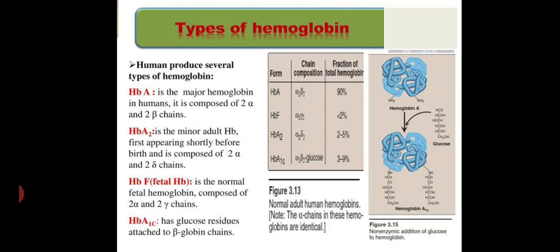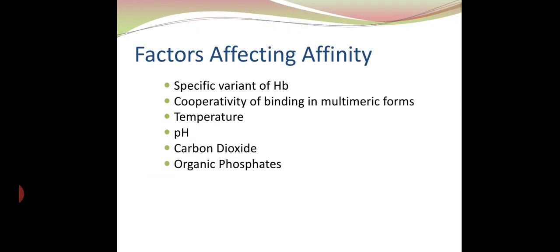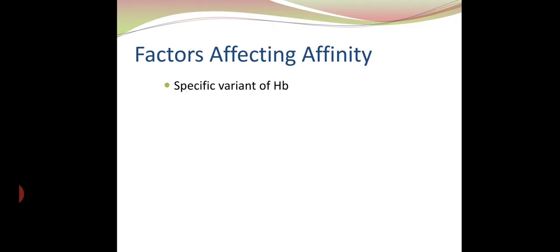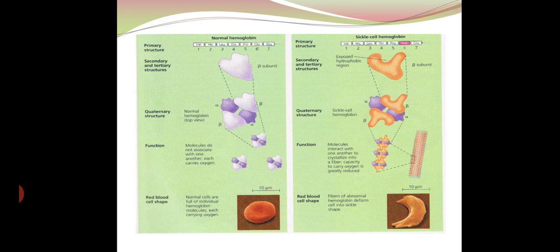Hemoglobin variants occur. Humans produce several types of hemoglobin: HbA, HbA2, HbF and HbA1c. And another one is HbS, also known as sickle cell hemoglobin.